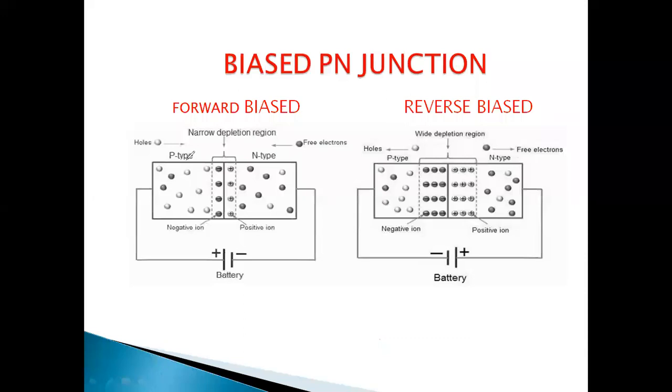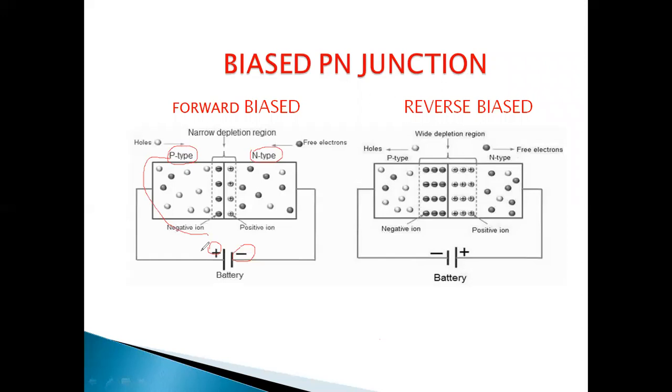So here I'm going to take this P-type extrinsic semiconductor connected to the positive side of a battery. The N-type extrinsic semiconductor is connected to the negative terminal of the battery. Here you can observe these are the same kind of connections. Majority charge carriers are positive, connected to the positive terminal.